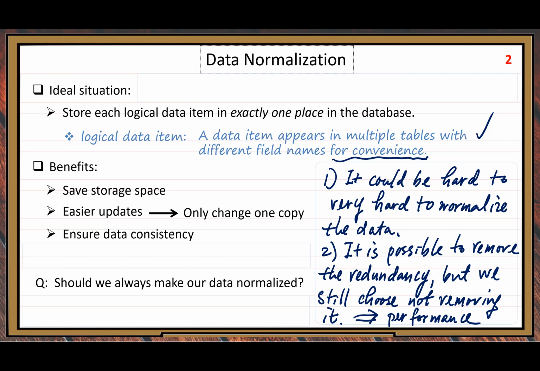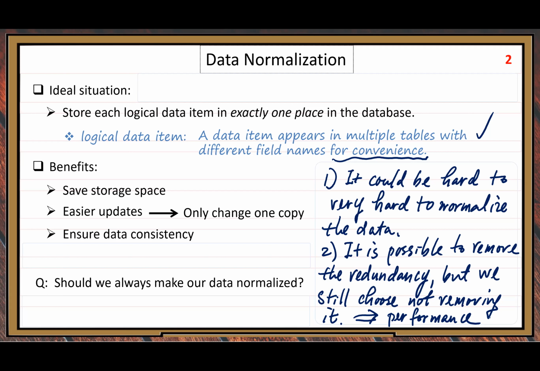We don't want to pay that much cost. The performance could be much slower. In that case, we're willing to leave that redundancy because we want faster performance. We know faster performance and response time are extremely important in our software applications.